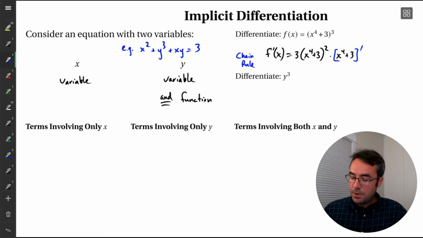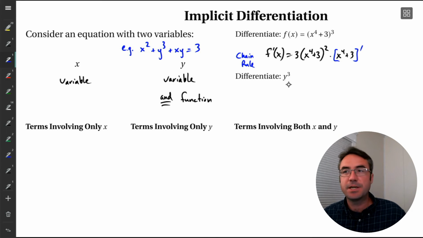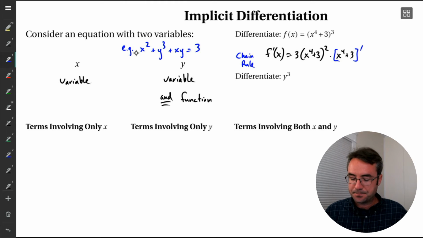And so if we're viewing y as both a variable and a function, we're going to see something interesting when we try to differentiate a y term. So let's get into how implicit differentiation is going to work. Let's look at this equation, and when we see a term only involving x, how do we differentiate it?